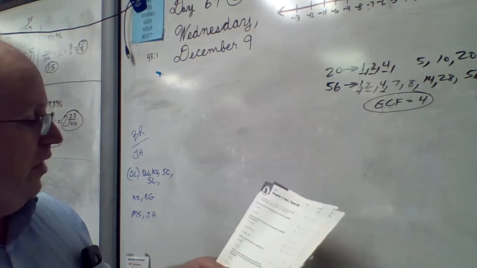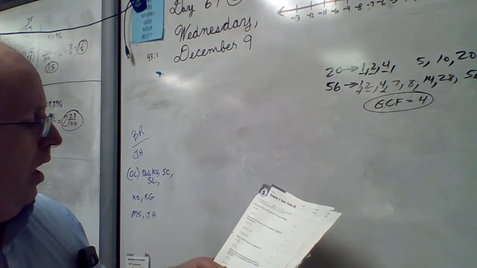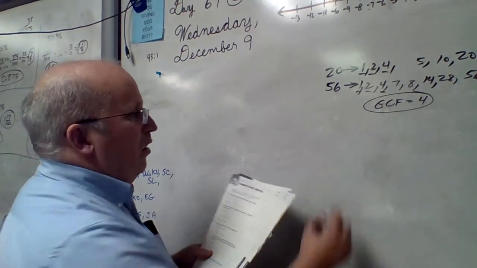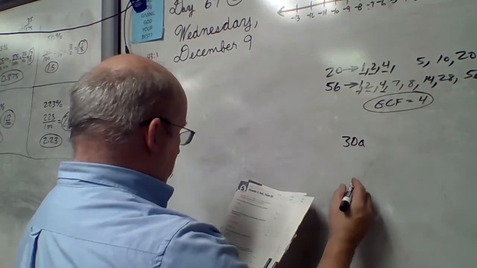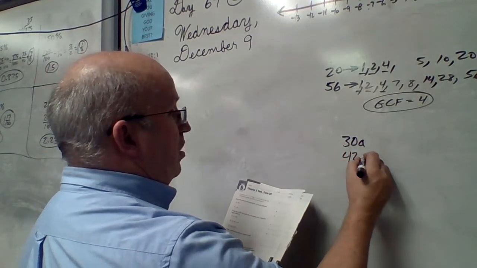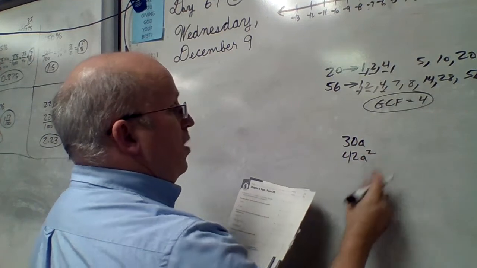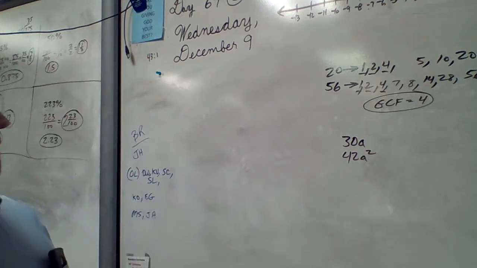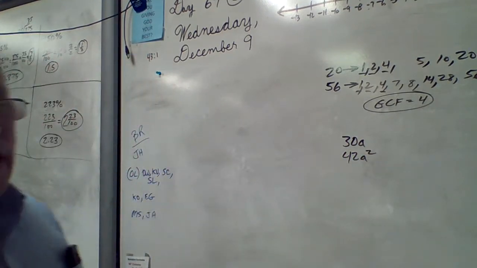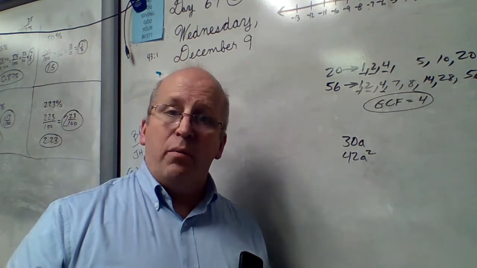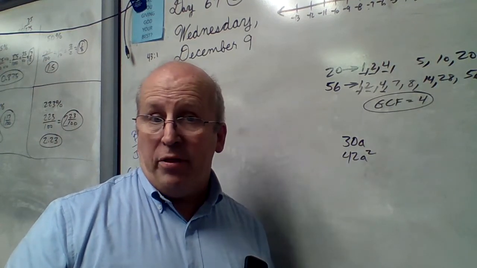Okay, so that's how you can do 4 and 5. How about 6, where you've got 30a and you've got 42a squared? This is one where I'd use the other method of greatest common factor. Remember that other method?